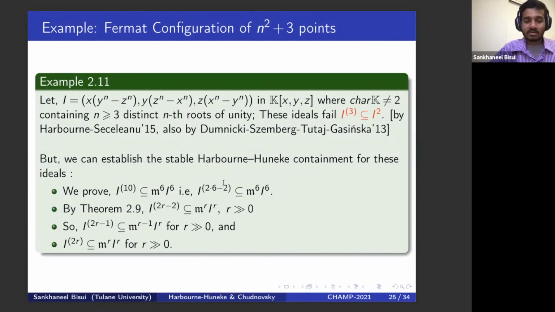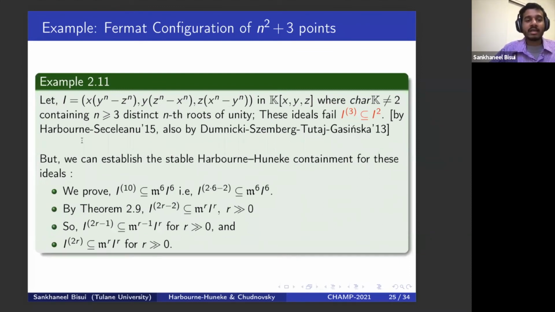The first one I would like to explain is the Fermat points with n squared plus 3 points. Now the ideal is defined by x y^n minus z^n, y z^n minus x^n, and similarly with the third component. If we assume the characteristic is not equal to 2, then these ideals fail to satisfy the Harbourne conjecture, meaning the third symbolic power fails to sit inside the second ordinary power.